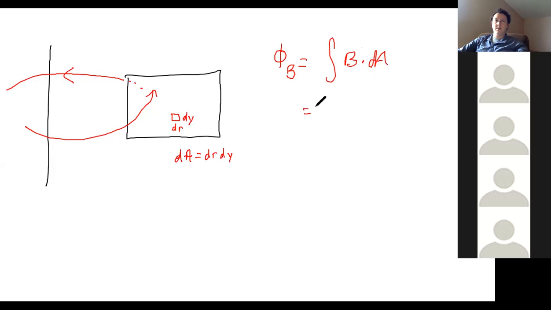So this becomes mu naught over 2 pi. The current only depends upon the time, so I can pull I of t out, but then I get the integral of 1 over r dr.